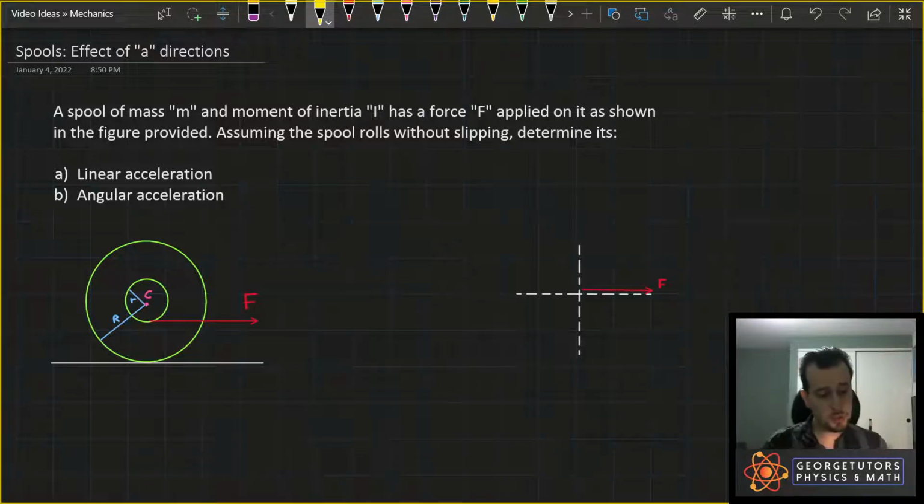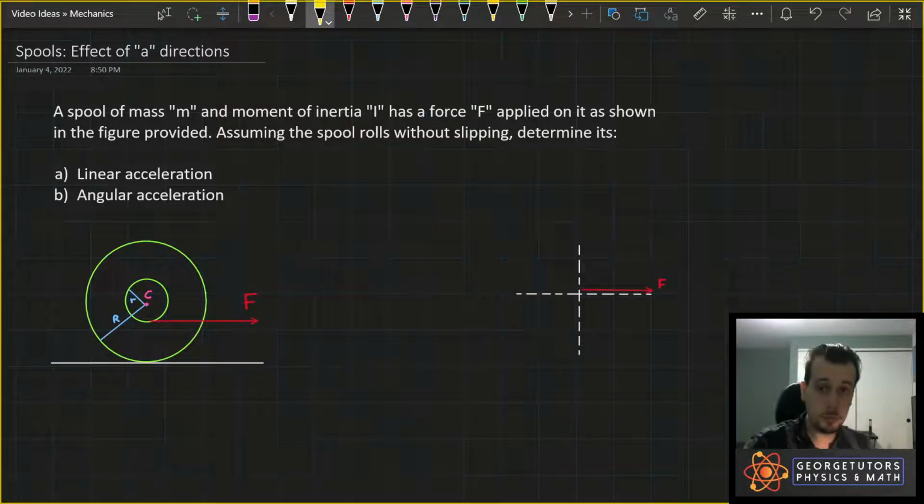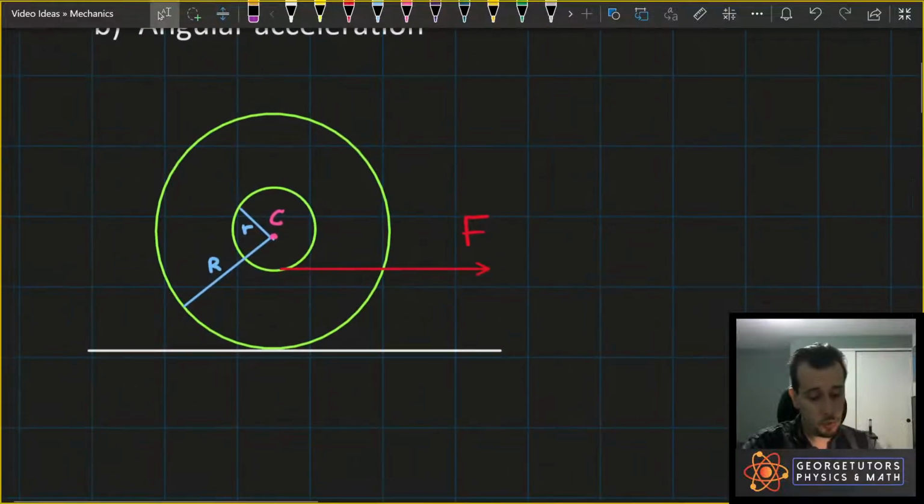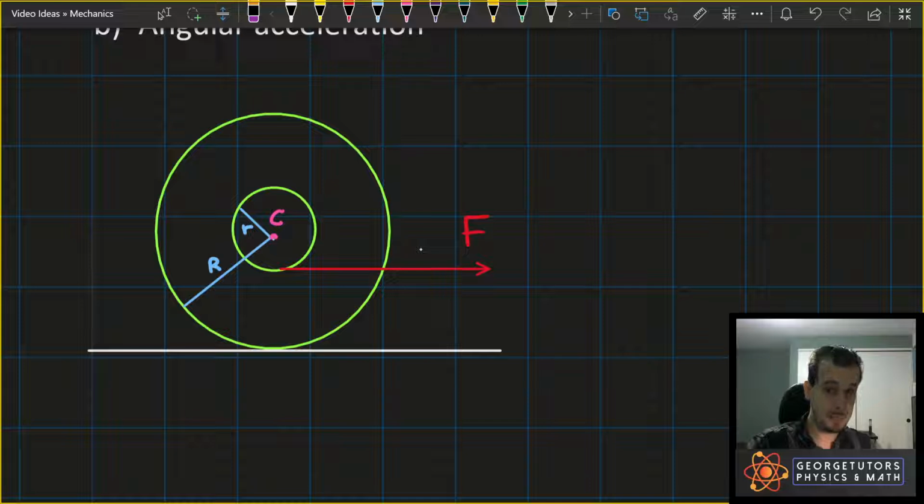So to get us started over here, the first thing that I would do in a problem like this is go over here and see what forces are causing torques right now in the system. There's only one. There's also friction, of course, at the contact point, but we need to determine its direction because the friction, remember, is the mediator of rolling. So it will act depending on what else is acting on the system.